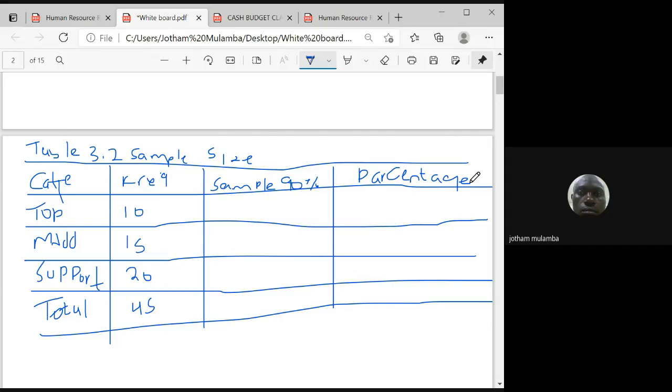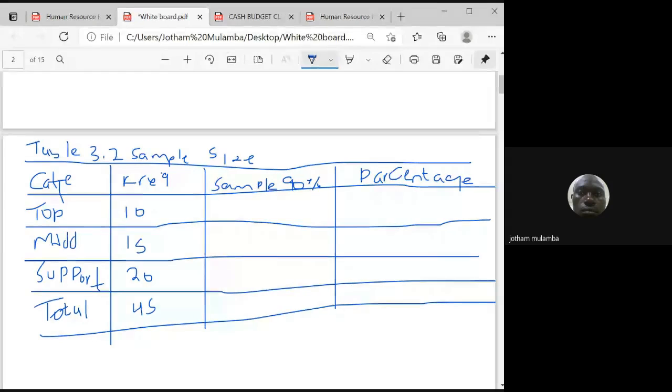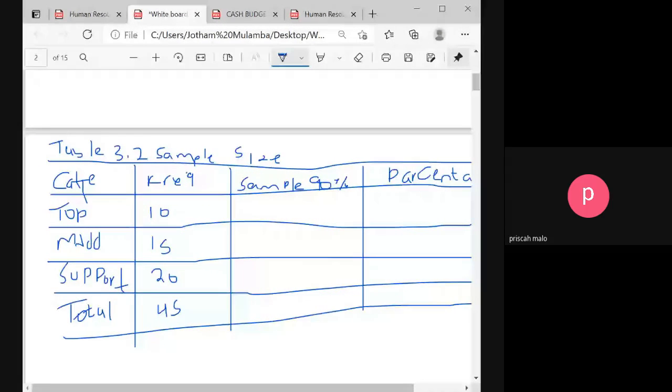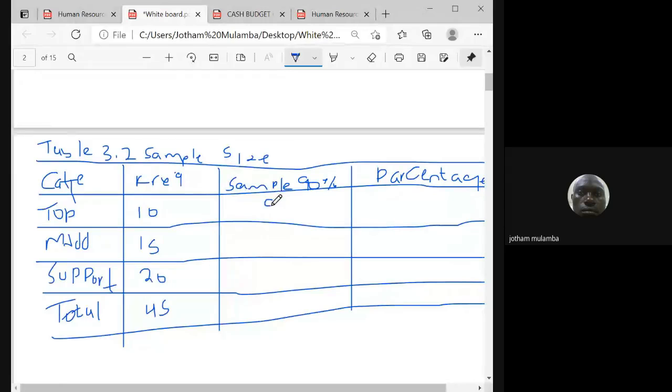So from top level, we want to get 90% of 10. That would be 9. Middle level, 90% of 15.